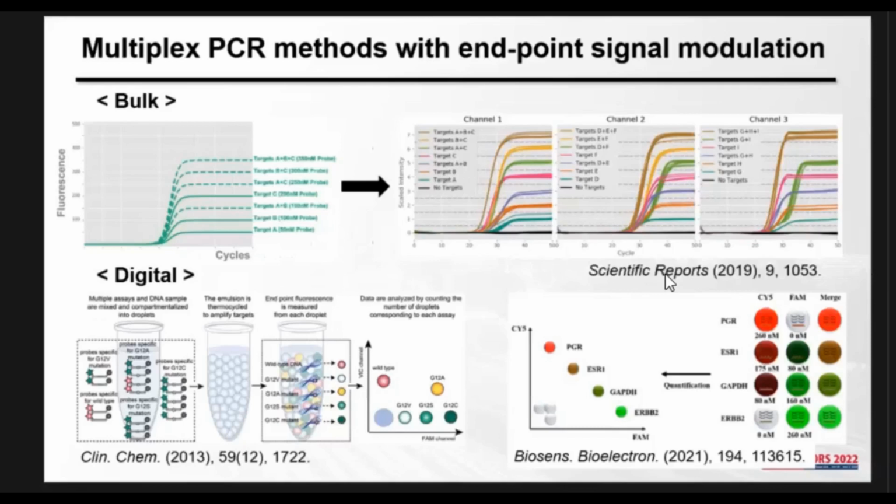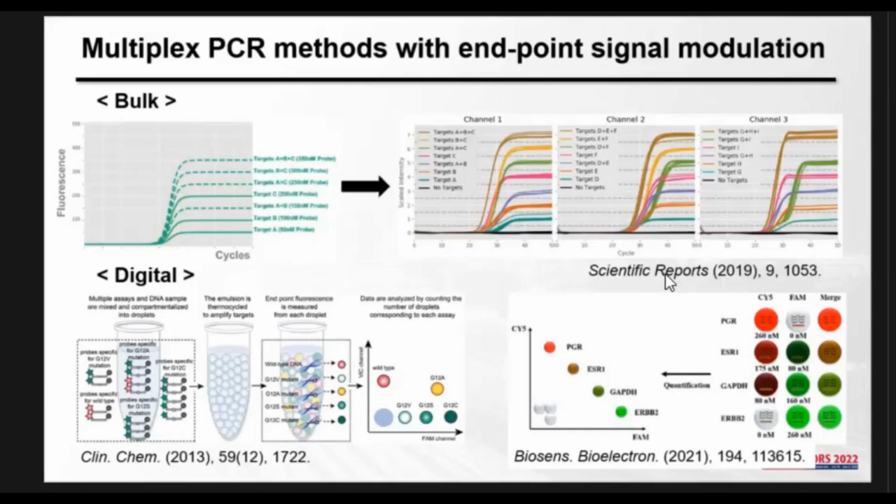And this strategy was further applied in the droplet digital technology, where each target molecule can be isolated in tiny droplets. So any signal from each droplet comes from a single target molecule.